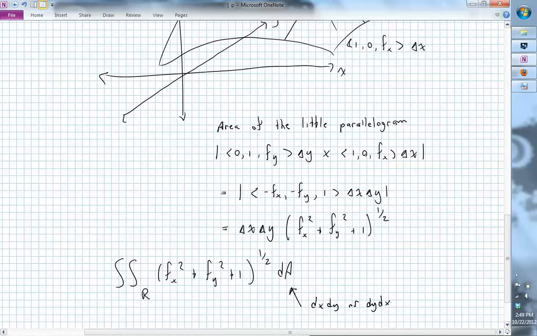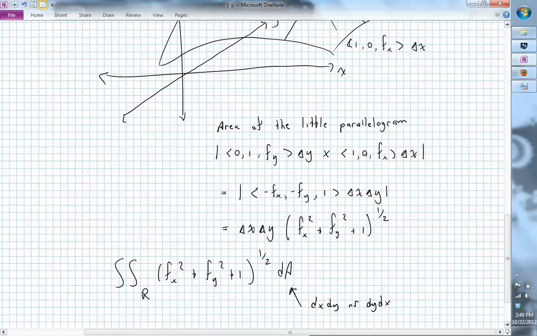I use dA so that I'm not imposing a particular order of integration on you. The delta x, delta y turn into a dx dy, effectively a little dA. Somewhat reminiscent of the arc length formula.